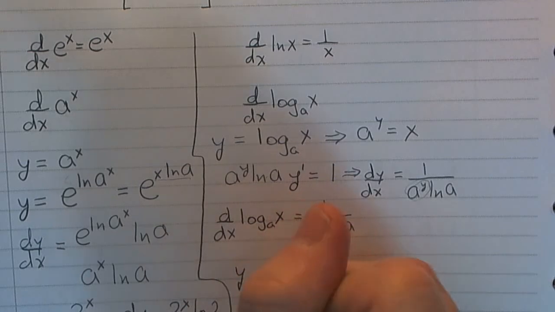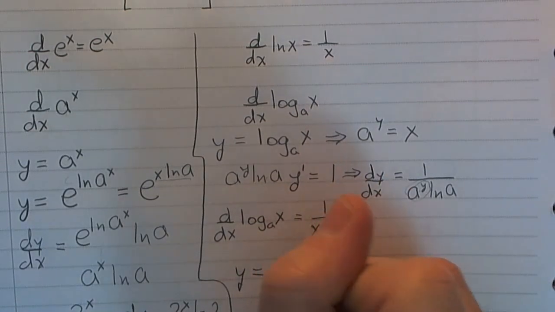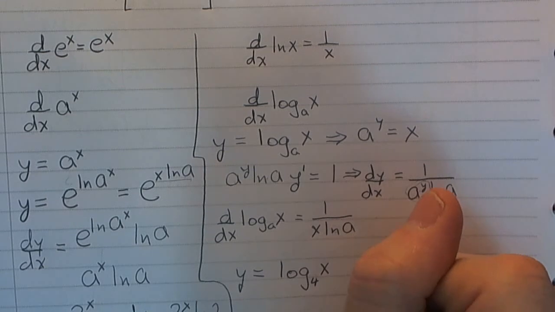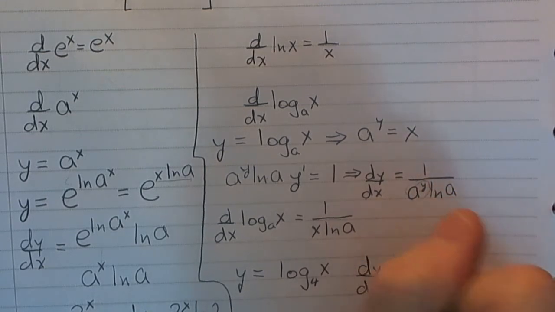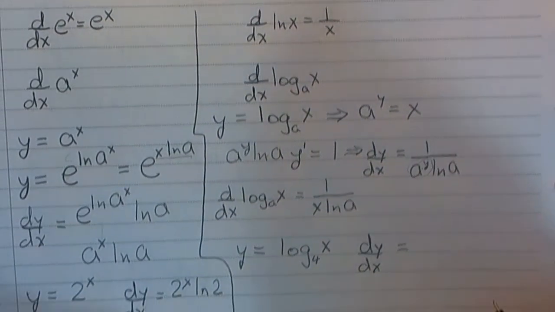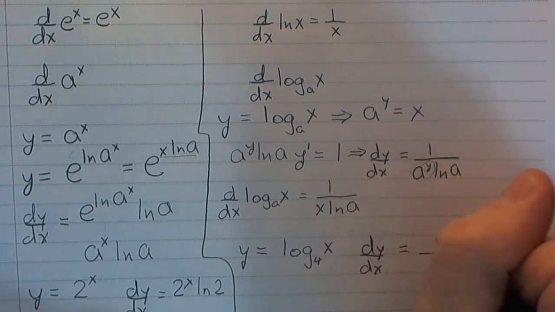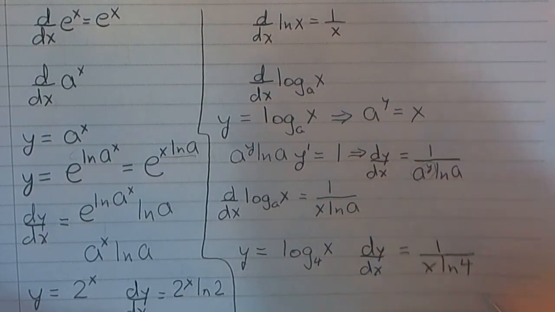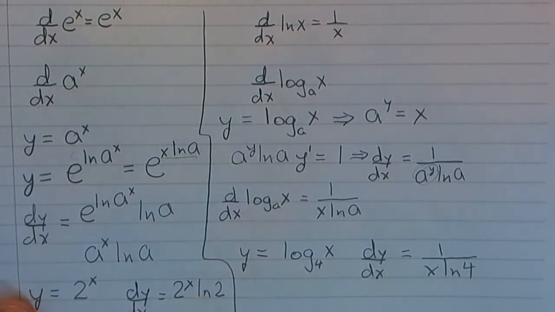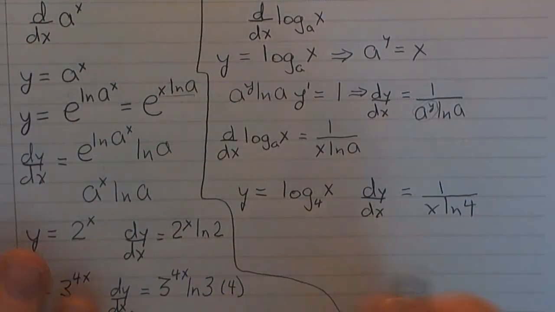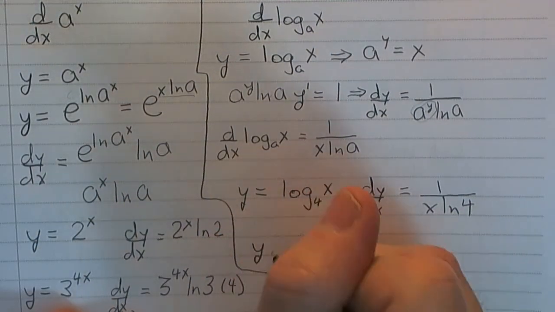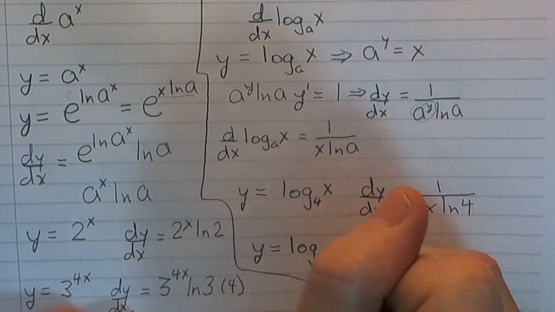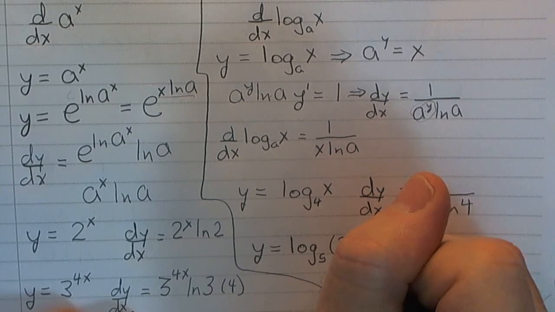So let's look at an example here. Let's suppose that we have log base 4 of x. Well, dy/dx is equal to 1 over x log 4, like that. That's it. Now, of course, as usual, you have the chain rule involved. All the other rules are still active. So let's suppose you've got log base 5 of 3x here.